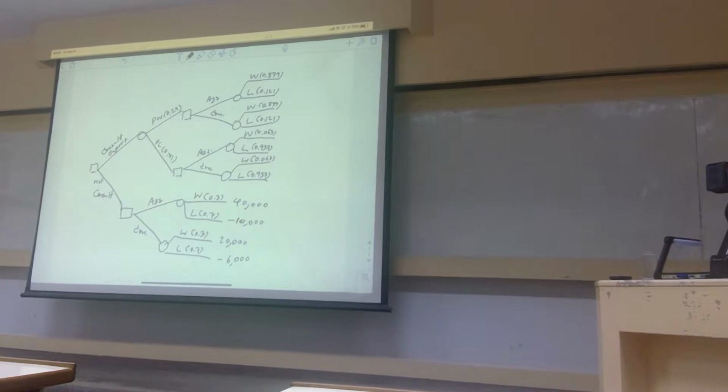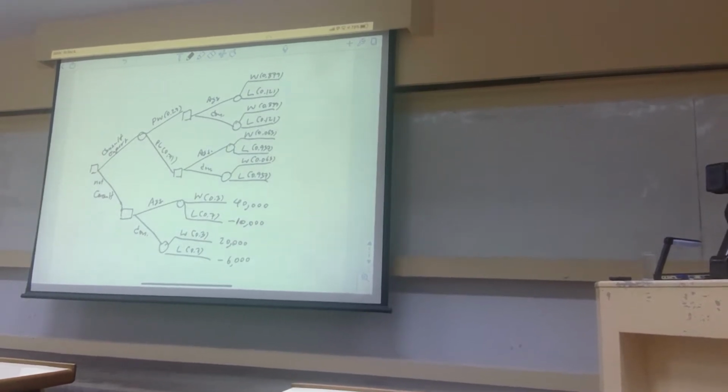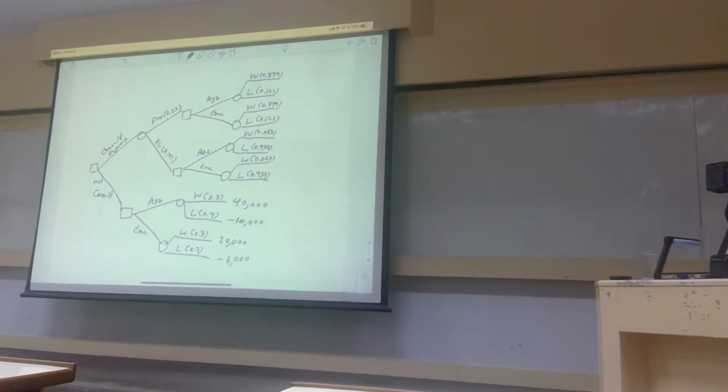And for the payoff, remember that we have a fee of 2,000. So we need to deduct the payoff in the normal case by 2,000.